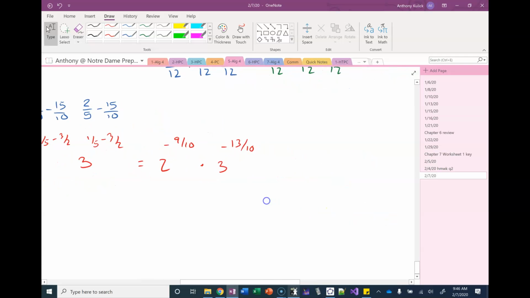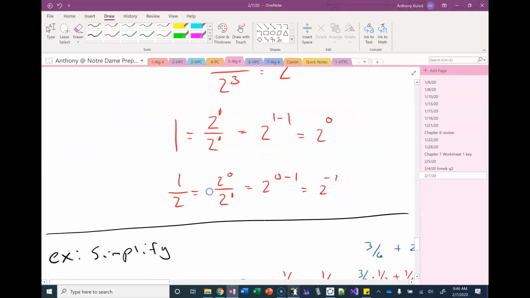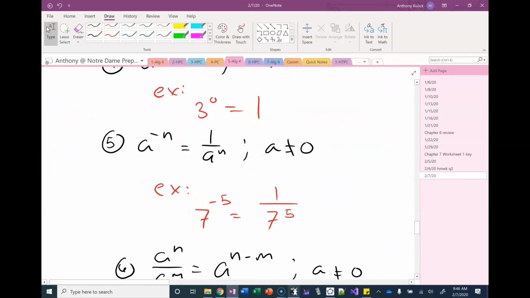Okay. So, what does a negative exponent do? If we go back and look real quick, this was one of our properties. So the negative exponent makes a reciprocal, right?